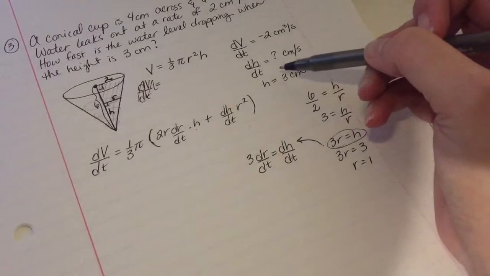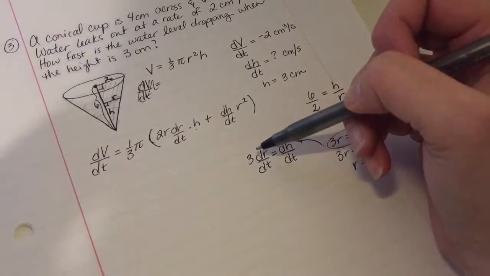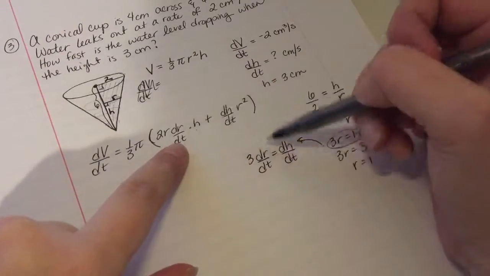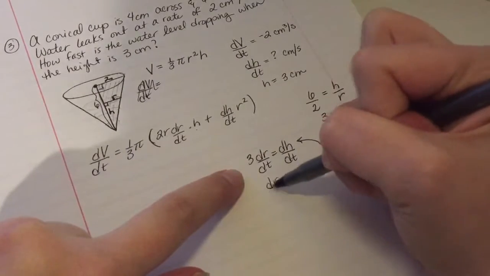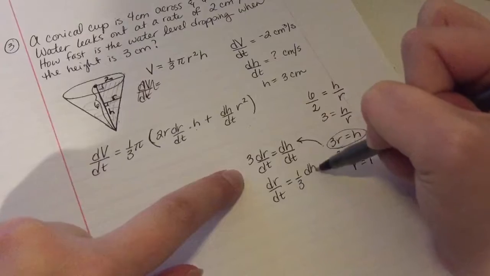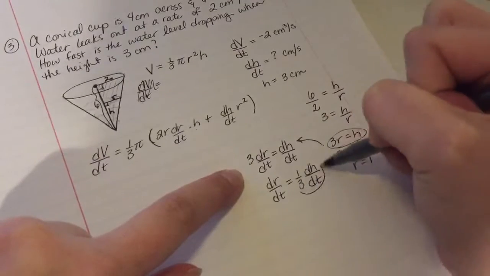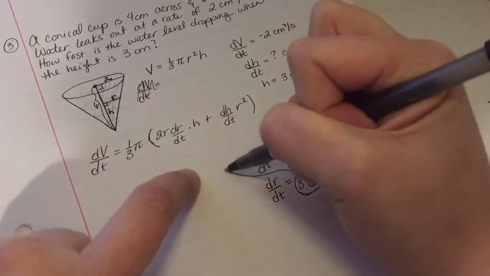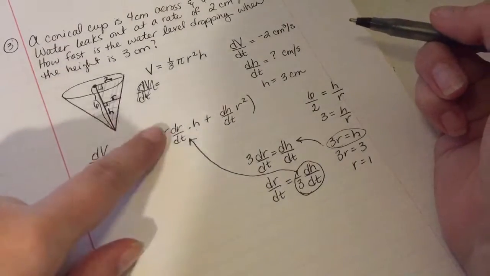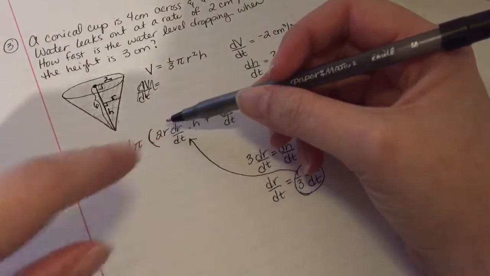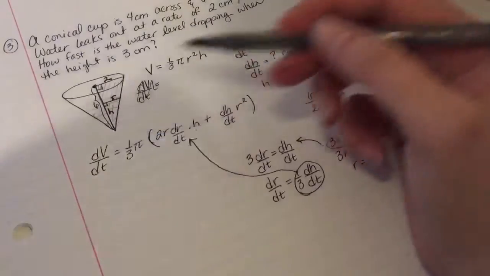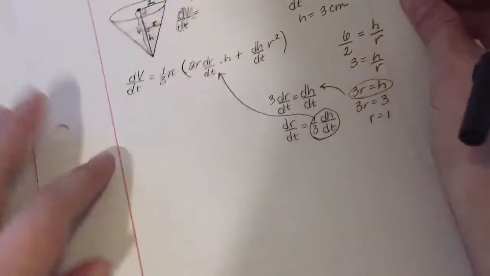I don't know, but because I'm trying to solve for dh/dt, I can put in instead, so dr/dt is 1/3 dh/dt. So I can take that and put it right there. And then all I'll have is dh/dt, my r, which I have, and dV/dt. So let's see what I mean.